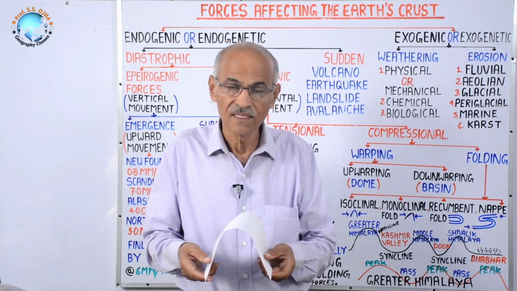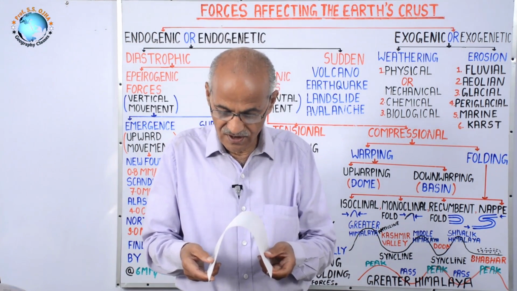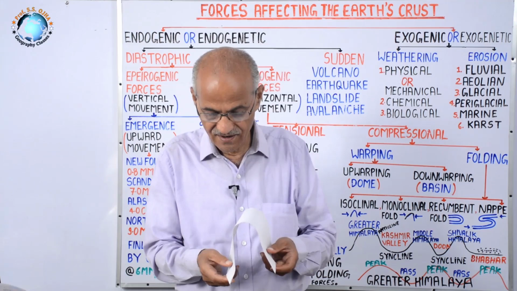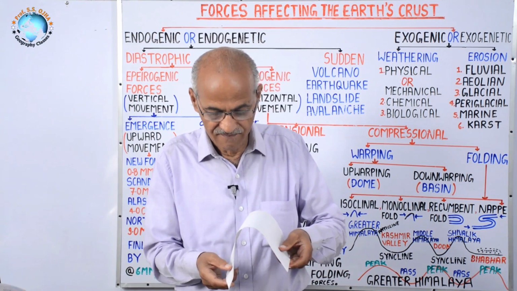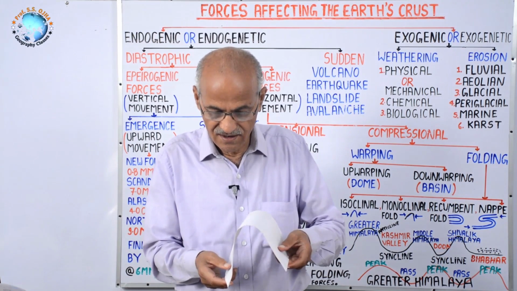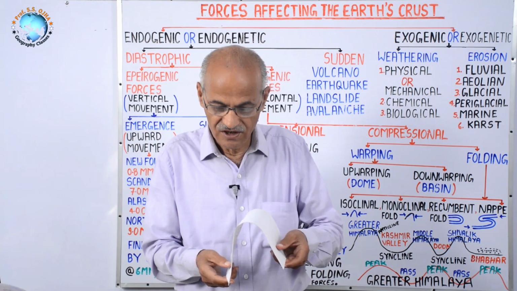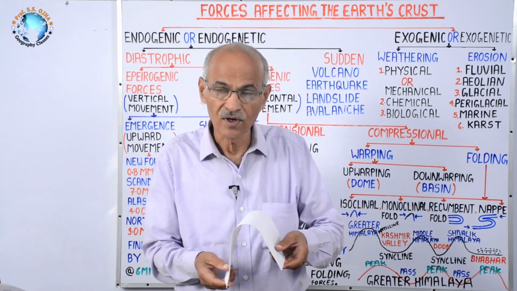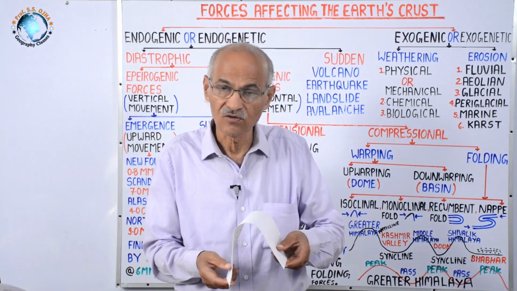isoclinal fold. But contrary to it, if from one side there is more pressure, but from the other side there is less pressure, then the side having more pressure will have a steep slope, while the less pressure side will have a gentle slope.